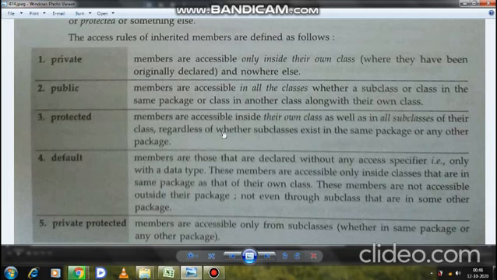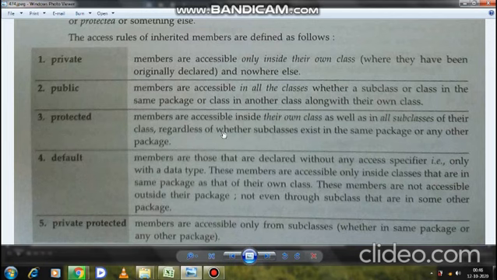Means all the classes, whether a subclass, a class in the same package or a class in another package, along with their own classes. So it is accessible everywhere. So private means only in the same class and public means everywhere. Fine.